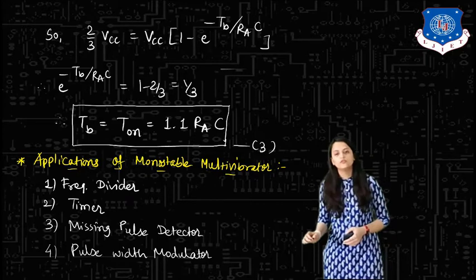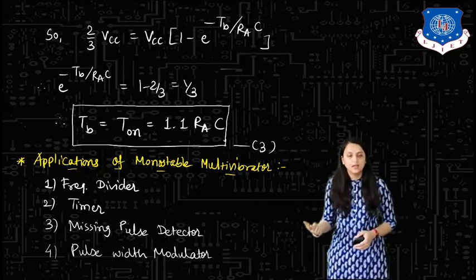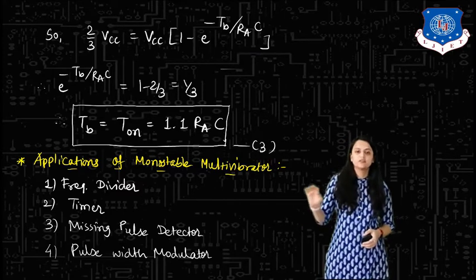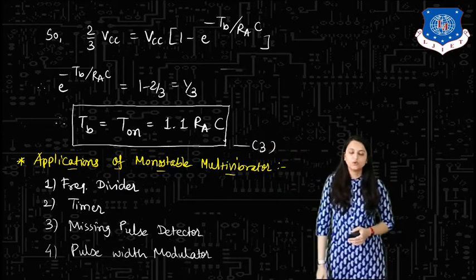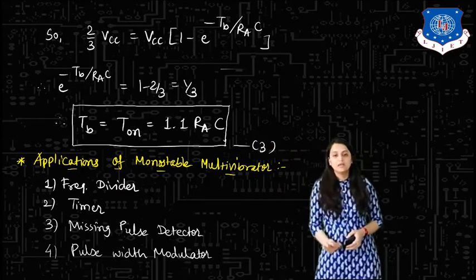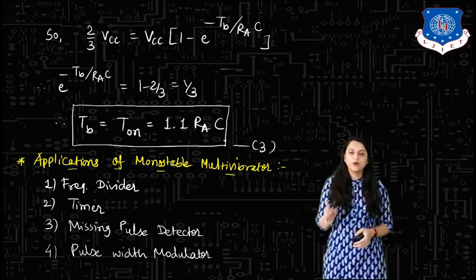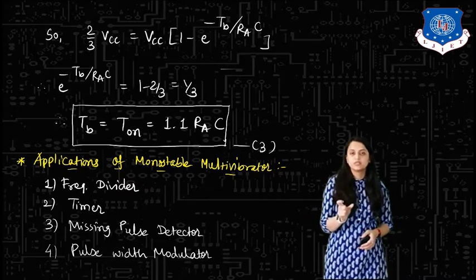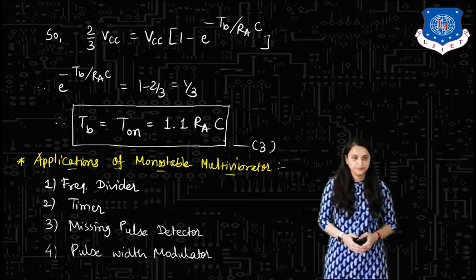So if you want to find the on time or bit duration TB, we can take the logarithm, and we get the value 1.1 RAC. Okay. So remember the on time, that is bit duration, is 1.1 RAC, where RA is the resistance and C is the capacitor used, from which charging and discharging takes place.